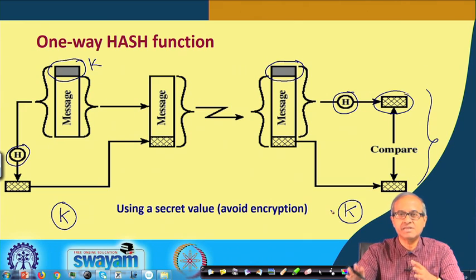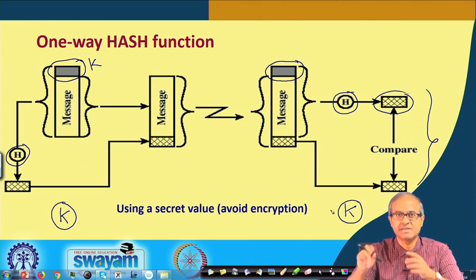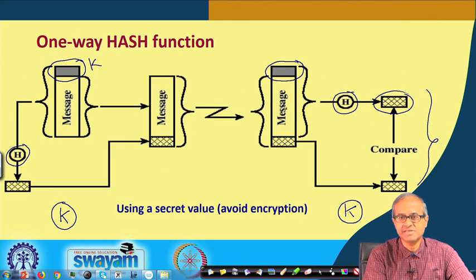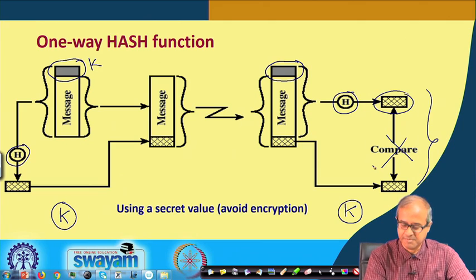So, if the comparison gives a success, it means that the message must be coming from the intended sender, and also if there was some modification in the message, the hash value would have changed. So, here there would be no match. So, I can achieve both the things, but here I am avoiding the step of encryption.